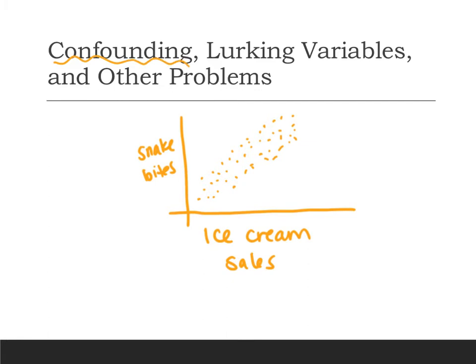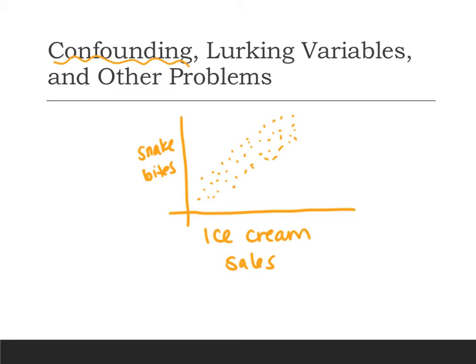There's something else affecting one or both of these. So confounding is when one of the variables, or both of them, is being affected by something else. The lurking variable is that variable that we don't know about that could be affecting one or the other or both.